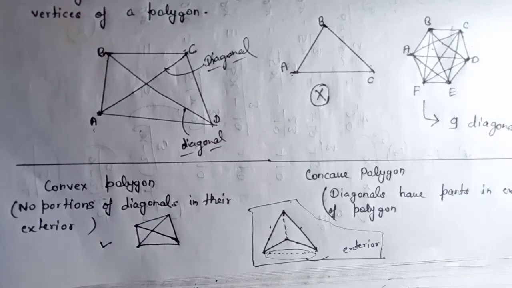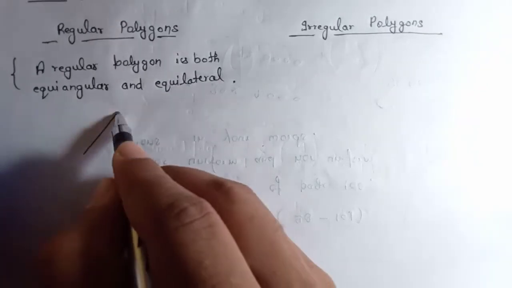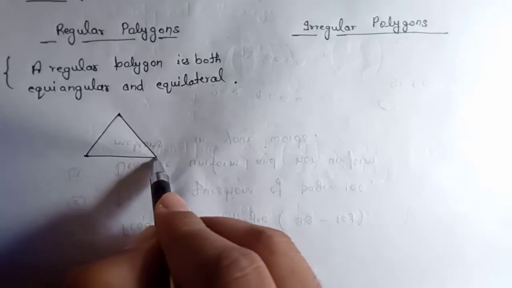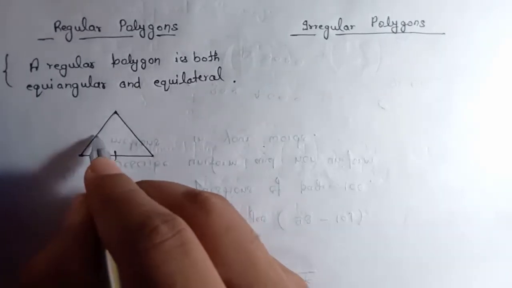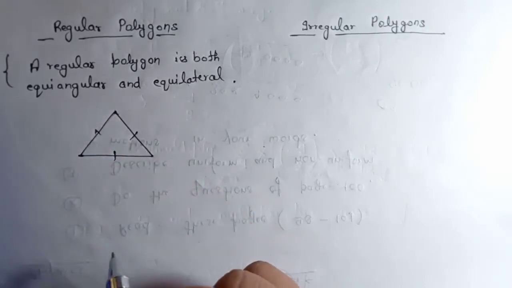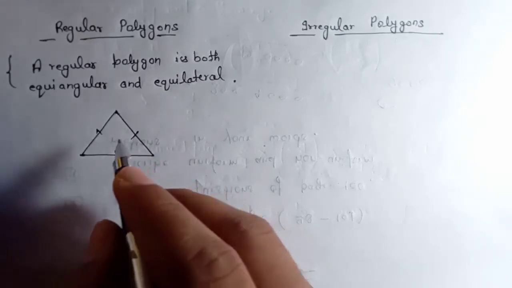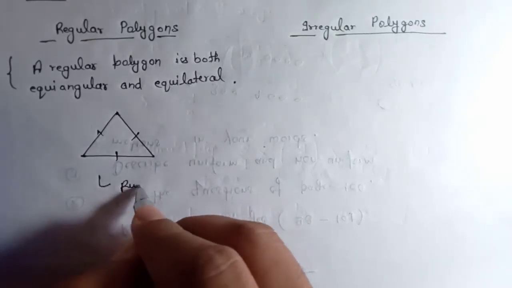Now we have to discuss regular and irregular polygons. Here we have regular polygons and irregular polygons. Regular polygons have a property. A regular polygon is both equiangular and equilateral. If you have a triangle, and all the sides of the triangle are equal, then this is a regular polygon, and this is an equilateral triangle too, you know that, but it is called a regular polygon.